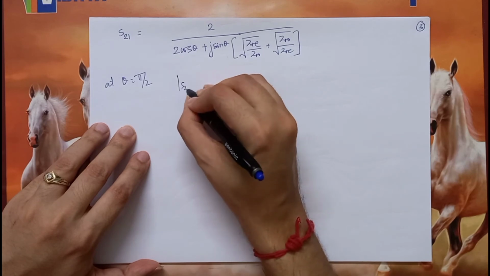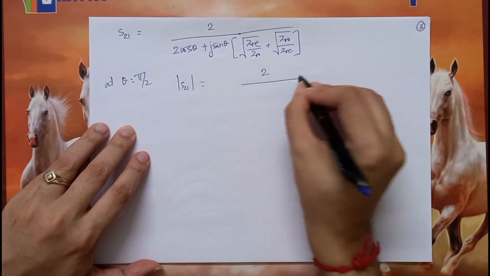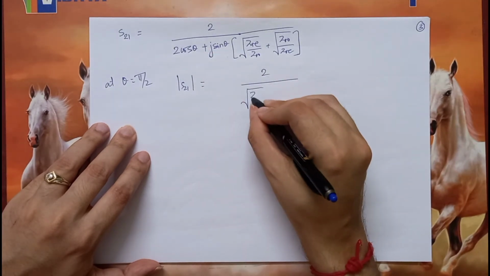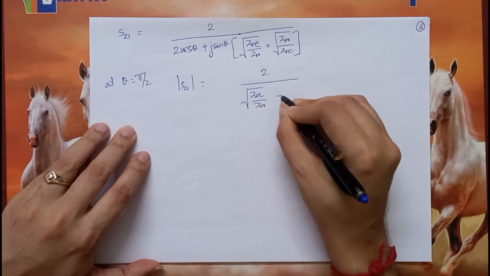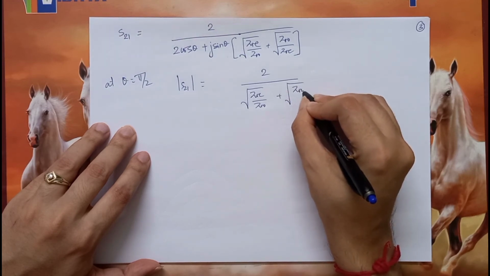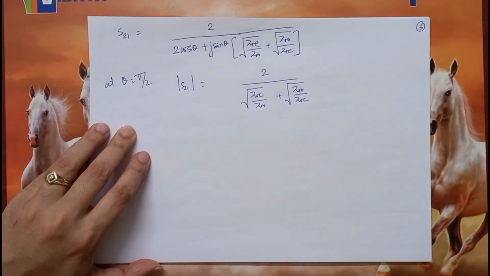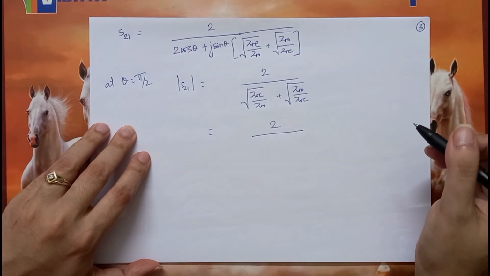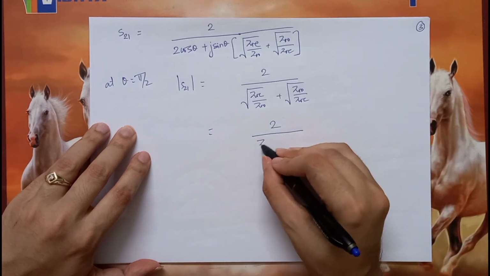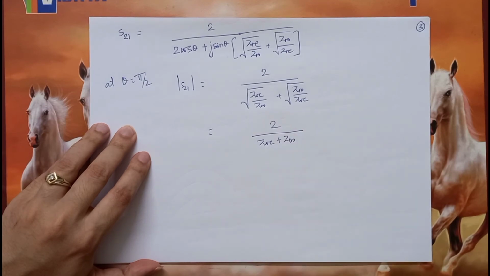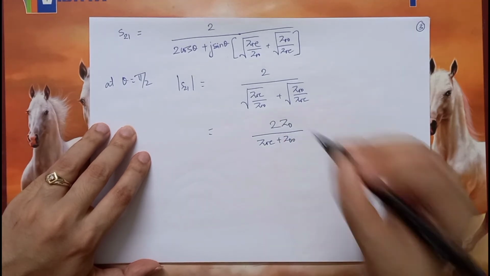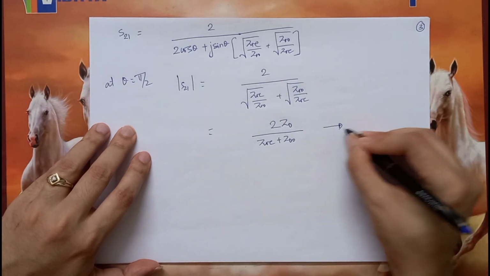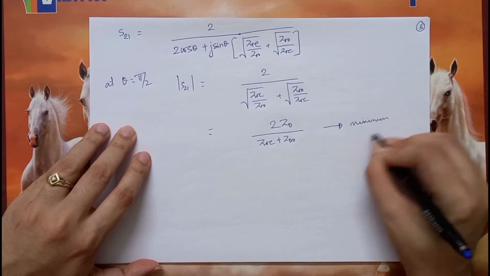So mod of S21 would now become 2 by, this j term will also go, under root. So if you now simplify this, what you will get is the following. I think this should be it. Yes, so this is the minimum transmission coefficient.